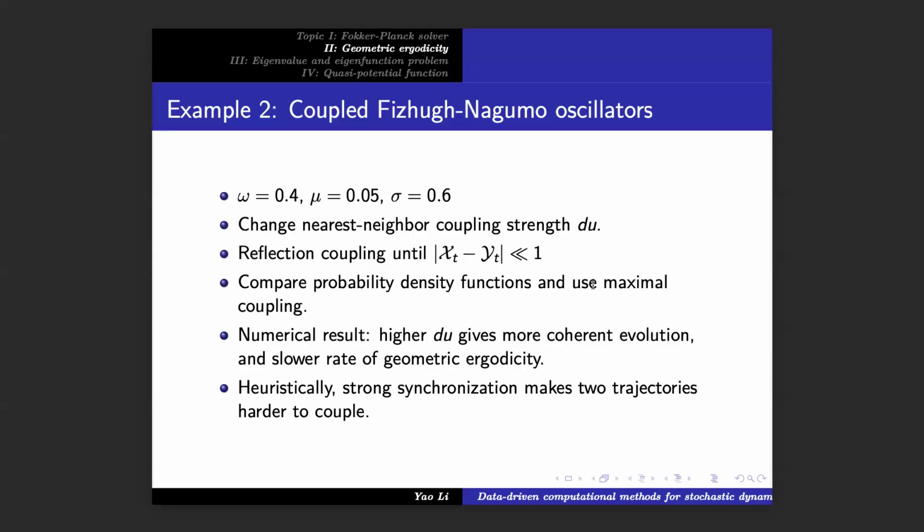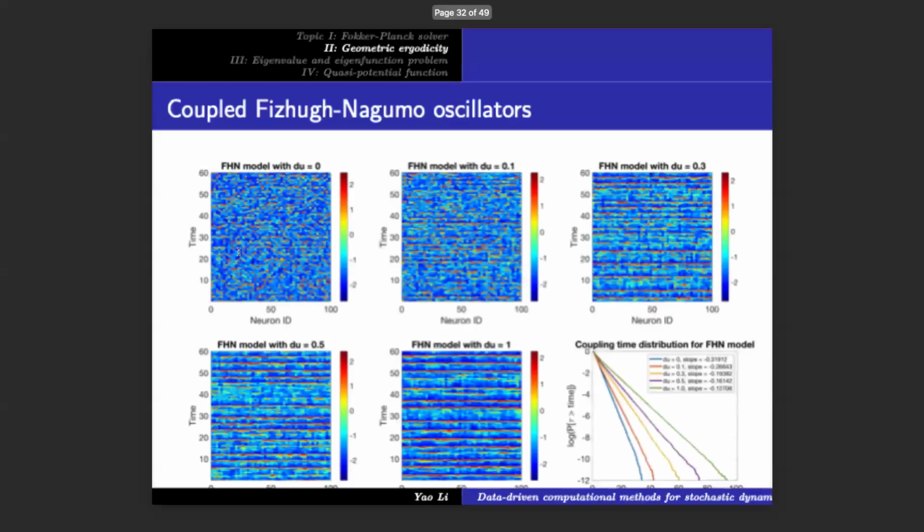Okay, so then we still use this reflection coupling, meaning that we look for the mirror symmetry of the noise between two processes. And then we wait until they are close enough, and then we compare their probability density function, and then couple the common part. Okay, and here is the result.